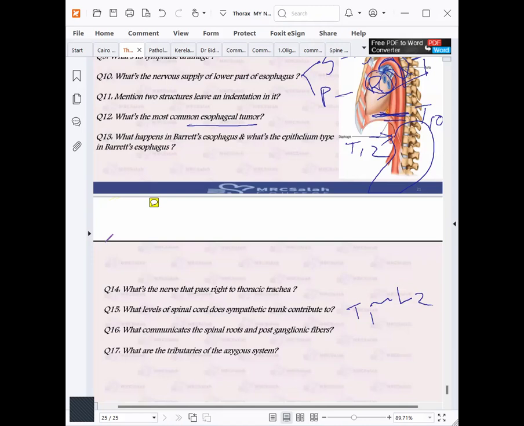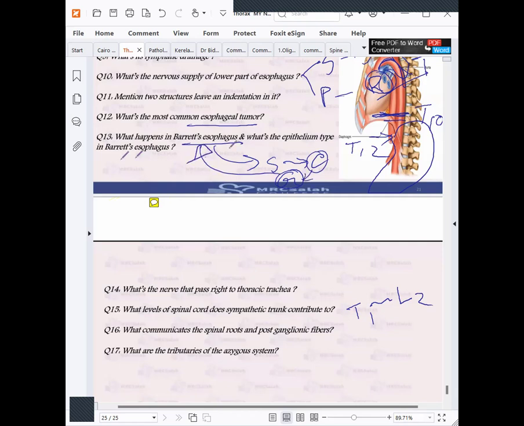Here we need to mention the change of normal stratified epithelium to columnar epithelium, also goblet cells, due to chronic acid reflux. In Barrett esophagus, two things are a must. One is metaplasia. Which metaplasia? Squamous metaplasia to columnar, also goblet cells. When this columnar cell and goblet cell are present, then it is regarded as Barrett esophagus.